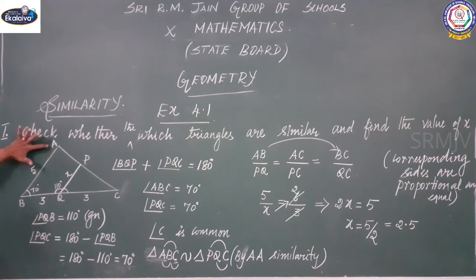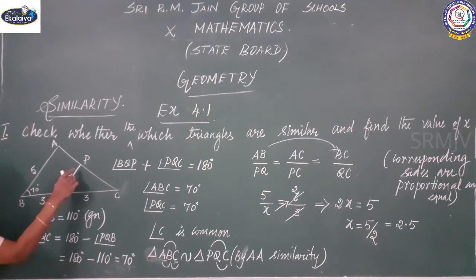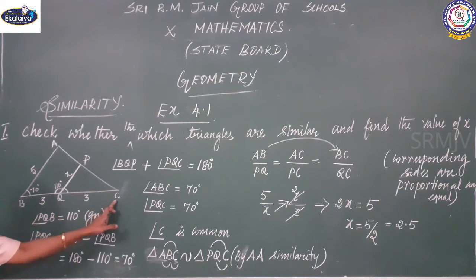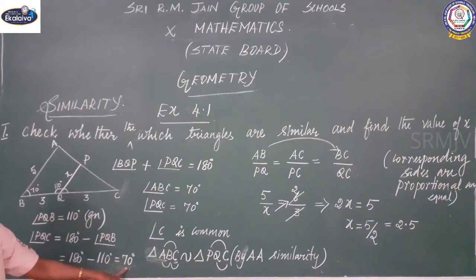See here, angle ABC is given as 70 degrees. Here they gave PQB as 110. It is a straight angle. So I arrived at the result angle PQC equals 70 degrees.